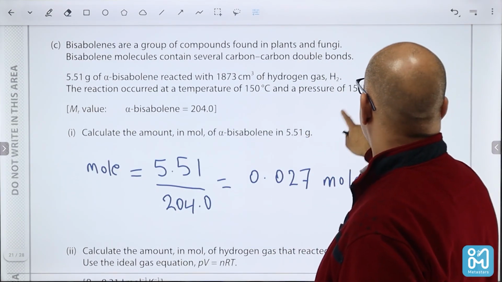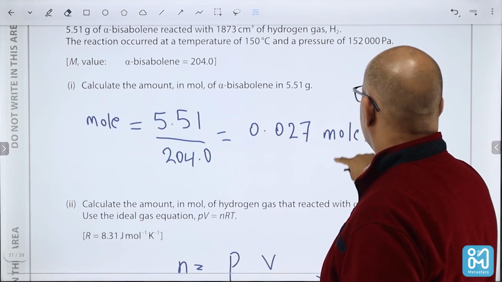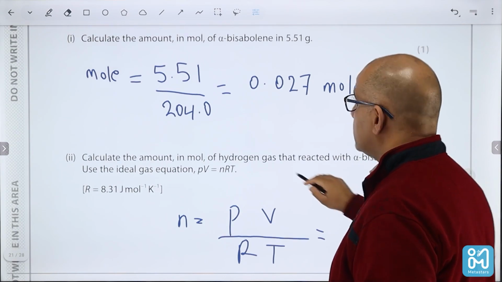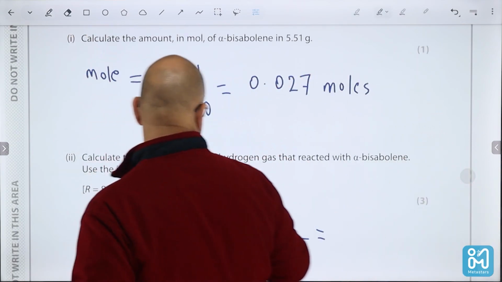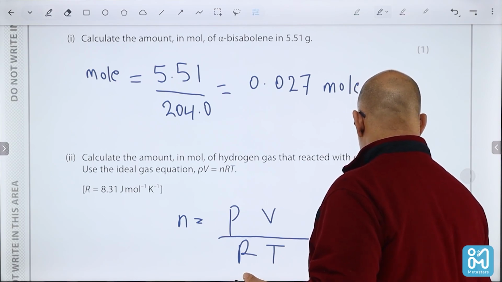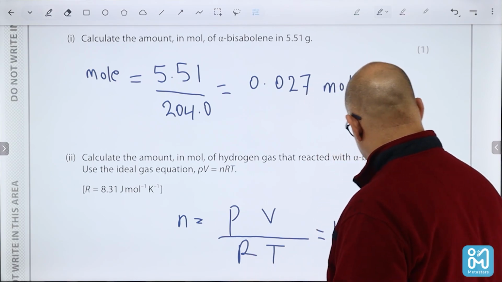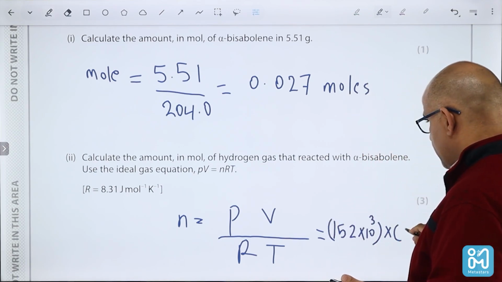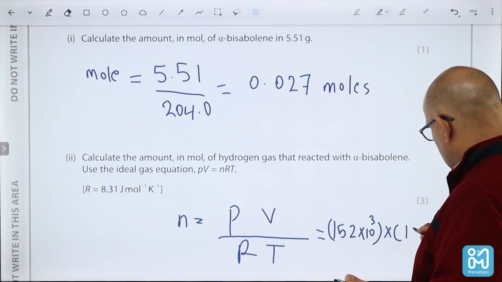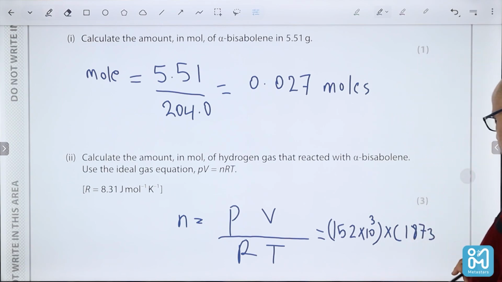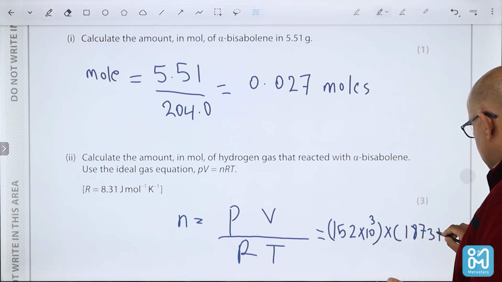The pressure is 152,000, so it is 152 times 10 to the power 3, times the volume in cubic meters. It's 1873, because he gave you the volume in cubic centimeters, so it's times 10 to the power negative 6.